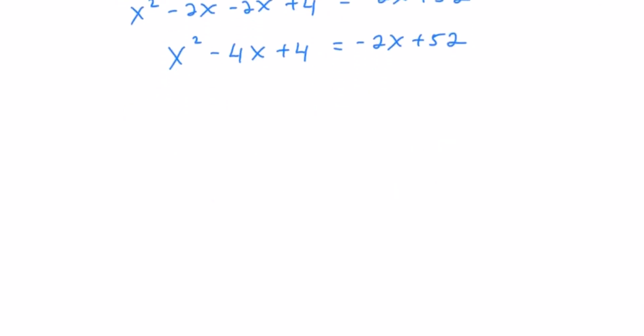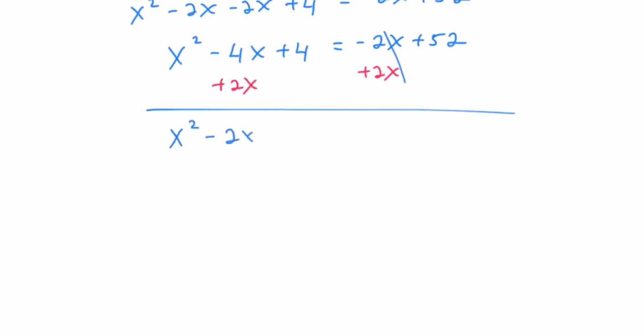Here we have x squared, so everything to one side, 0 on the other side. So add the 2x over. And we have x squared minus 2x plus 4 is equal to 52. Minus 52 over.